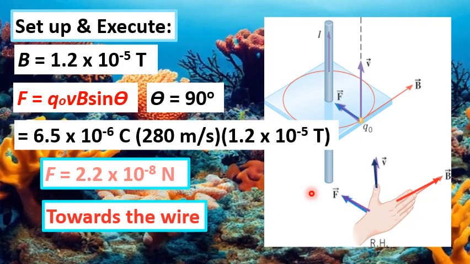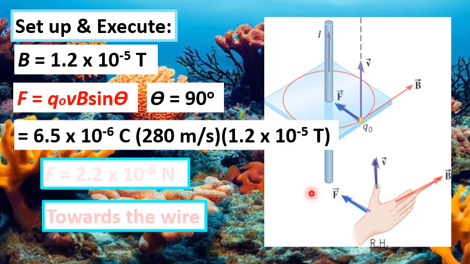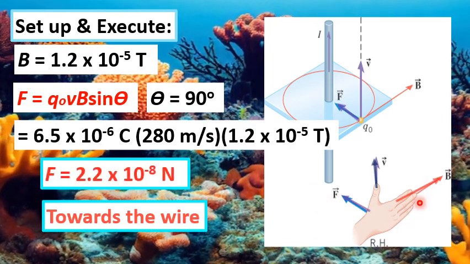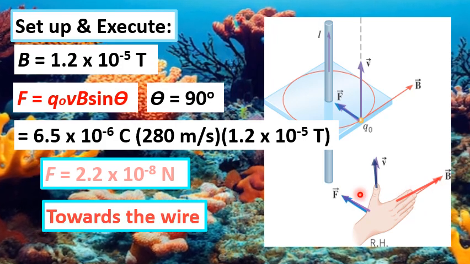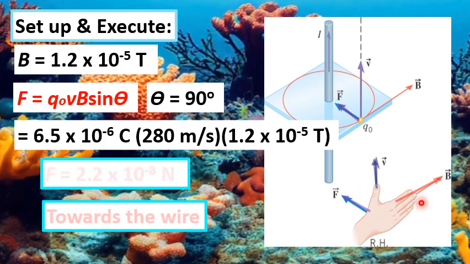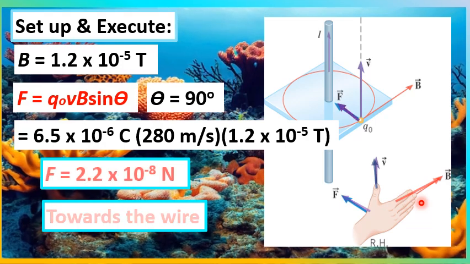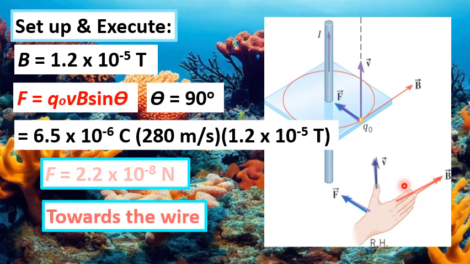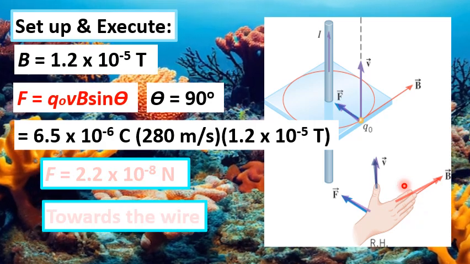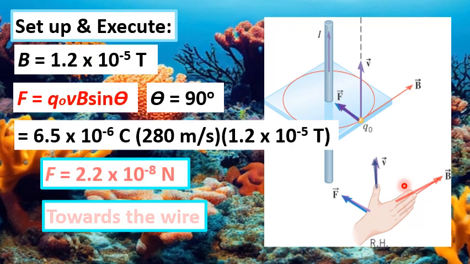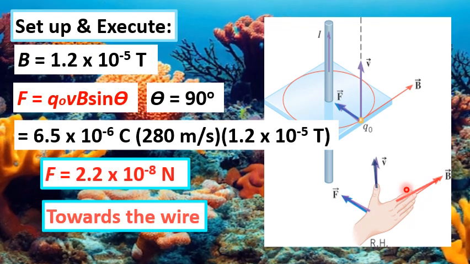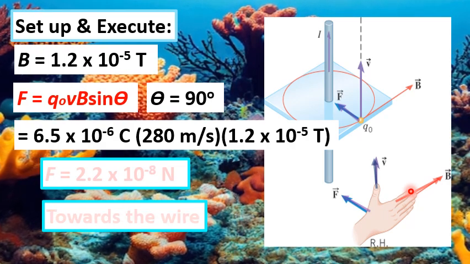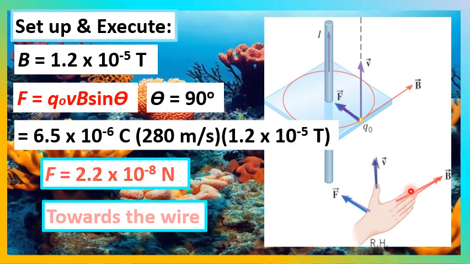So using the right hand slap rule, as shown in this diagram, your right hand thumb represents the direction of the velocity v, while the other four fingers of your right hand represent the magnetic field, capital B.